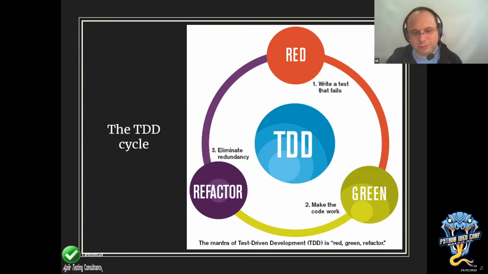Then you write the code that passes that test and make it green. Asterisk: not just this test. All the tests that you've written until now still need to work. So that's good. You have a passing test or passing tests, and then you refactor the code and the tests because you know that it is working. The separation between making things work and making things readable and maintainable works very well.